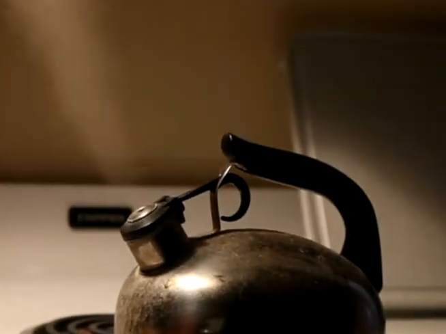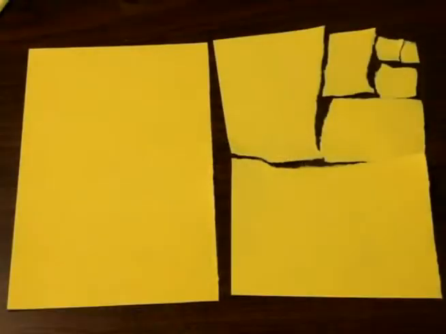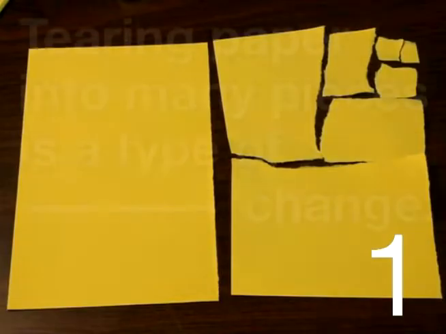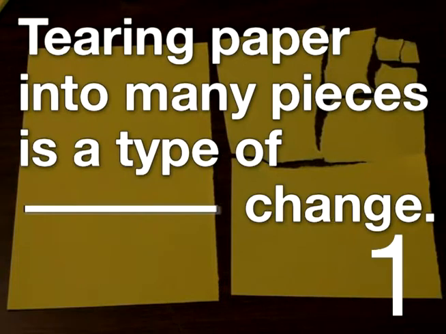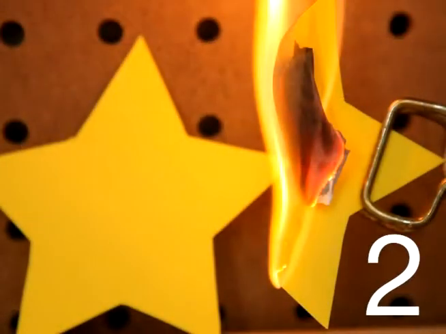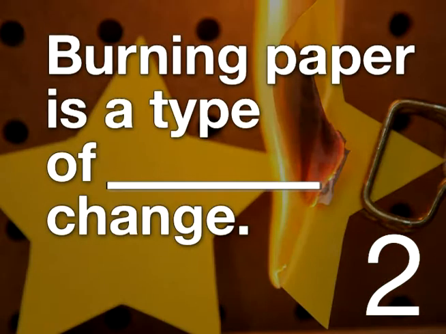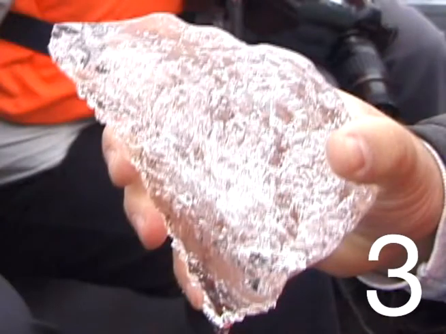Fill in the correct word to complete the sentence. Number 1. Tearing paper into many pieces is a type of change. Number 2. Burning paper is a type of change. Number 3.